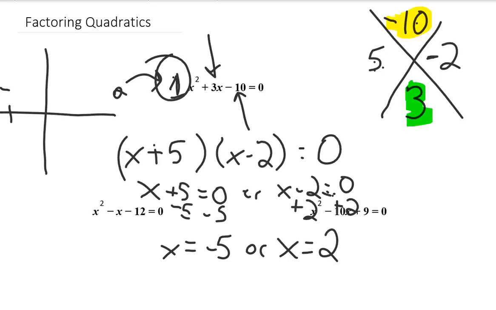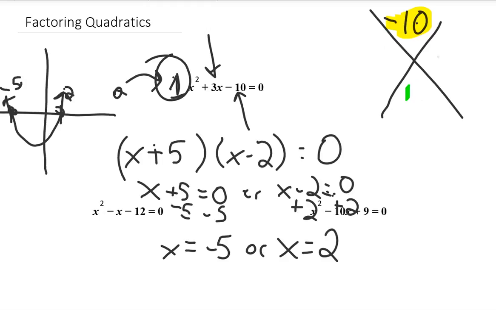It'll cross here at negative 5, and it'll cross here at 2. This is just a rough sketch, but my quadratic is going to look something like that. And we can do that really easily by factoring and solving using the big X method.